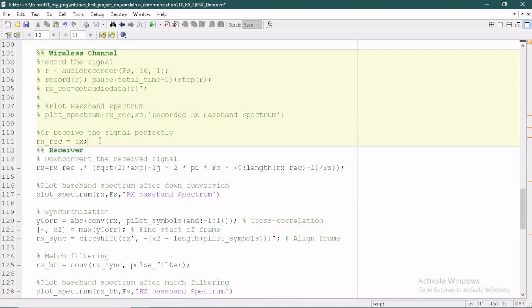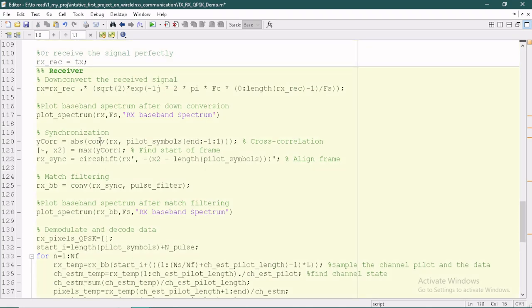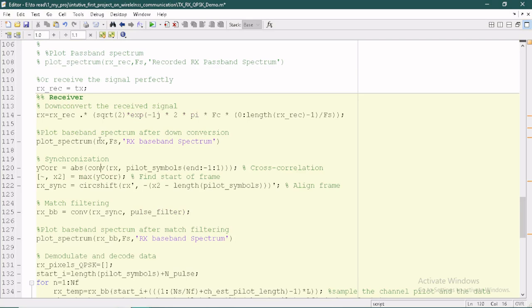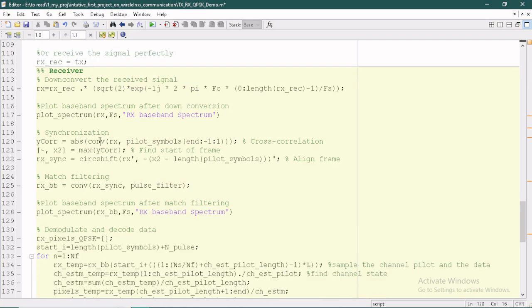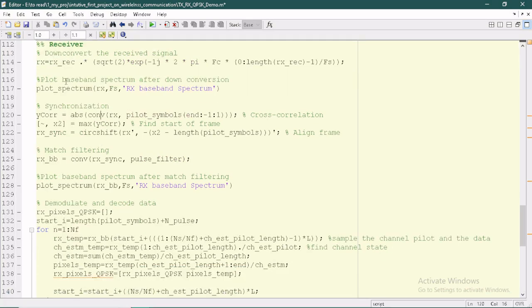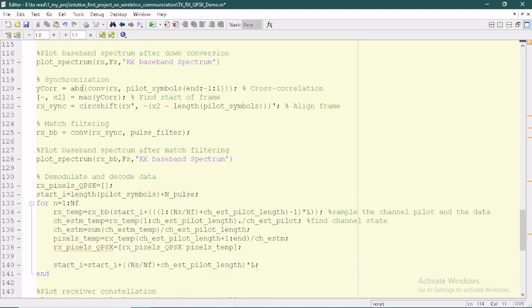So now let's run this part. And we are assuming that we received the signal. Notice the receiver algorithm. Here, the signal is multiplied by the complex sinusoid, but now it's negative, as you know from the tutorial. We do some plotting.